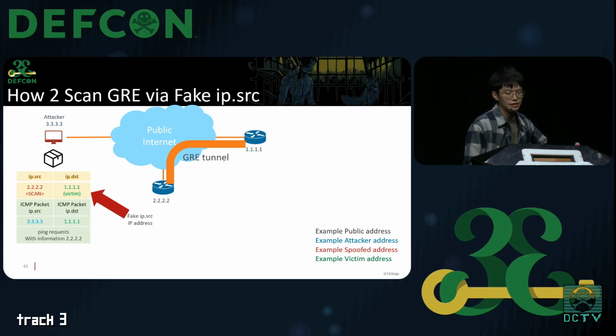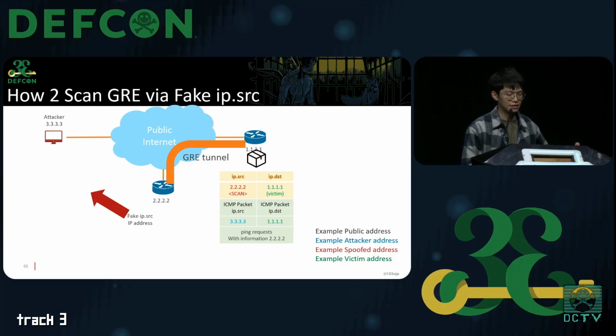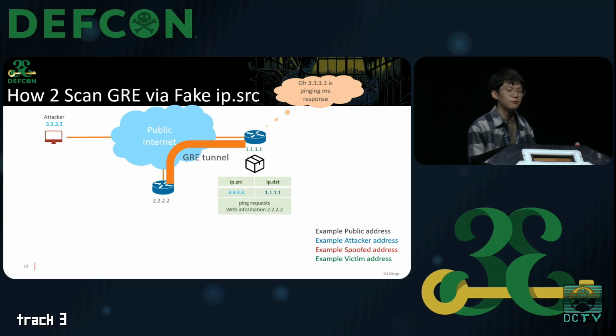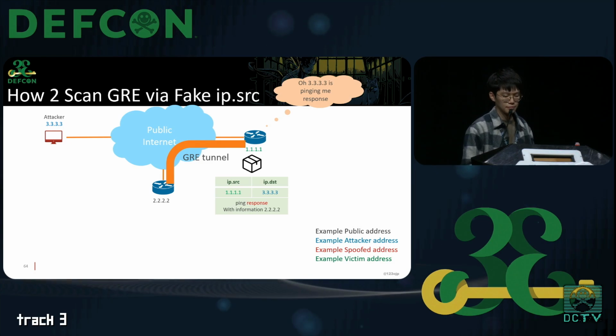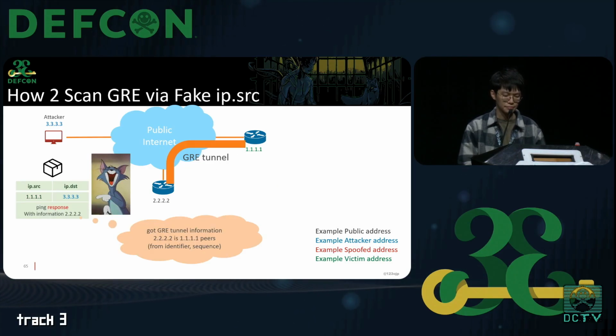On the other hand, if the source IP matches one of the victim's known peers, the victim will accept the GRE packet and forward the inner packet according to its routing table. For scanning purposes, we set the destination of the inner packet to the victim itself. So, the victim will immediately reply to the inner packet with an ICMP response and send it back to the attacker.